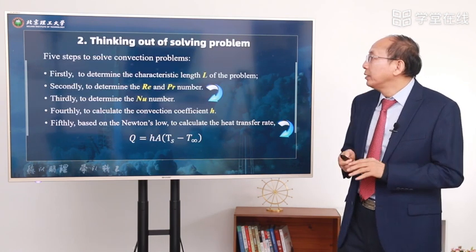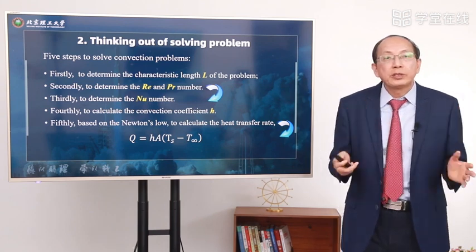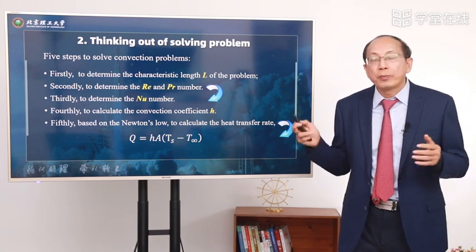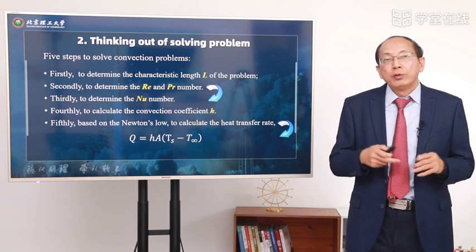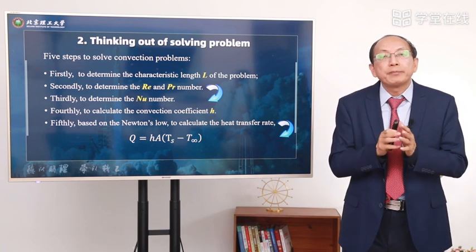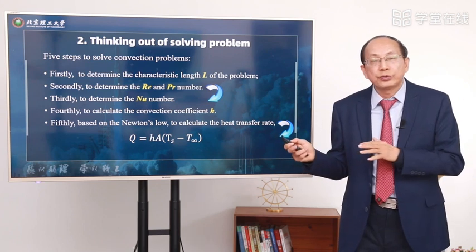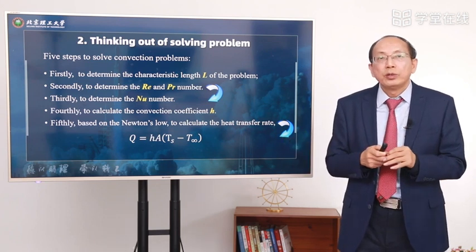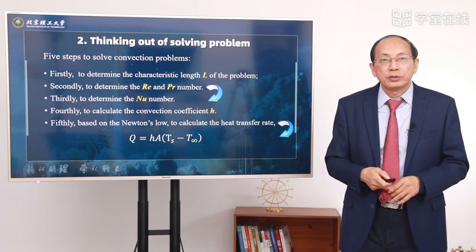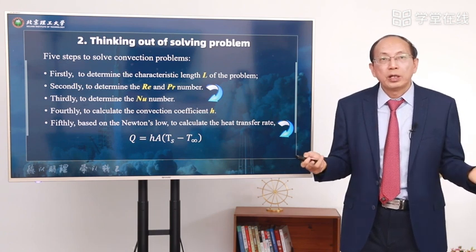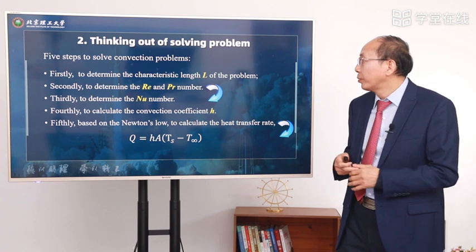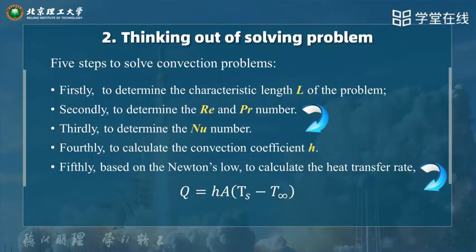Second, we can do some thinking about solving the problems, because convection is very difficult to solve by the equations. But we can think about the problems. Generally, we use 5 steps to solve convection problems.